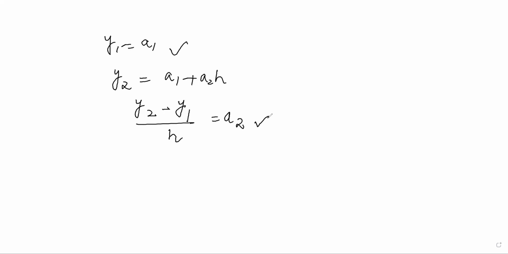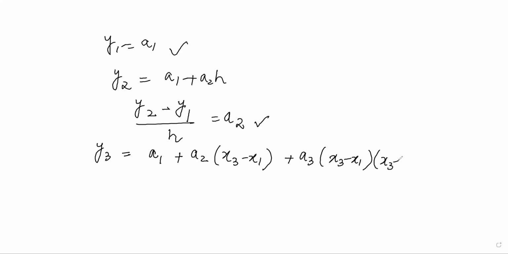Similarly, we can also solve for a3. As far as the a3 expression was concerned, if you recall, our expression for y3 was y3 is equal to a1 plus a2 multiplied by (x3 minus x1) plus a3 into (x3 minus x1) into (x3 minus x2).